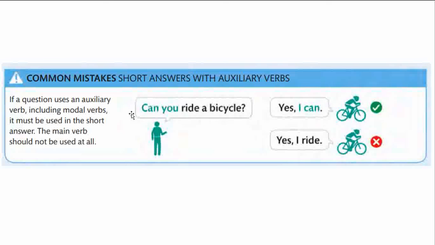So if the question contains the modal can, use only can in your reply. Can you ride a bicycle? Yes, I can. You should not say, yes, I ride. That is an incorrect reply. Though the construction is not wrong, the reply to the question is incorrect. I hope the difference is understood.